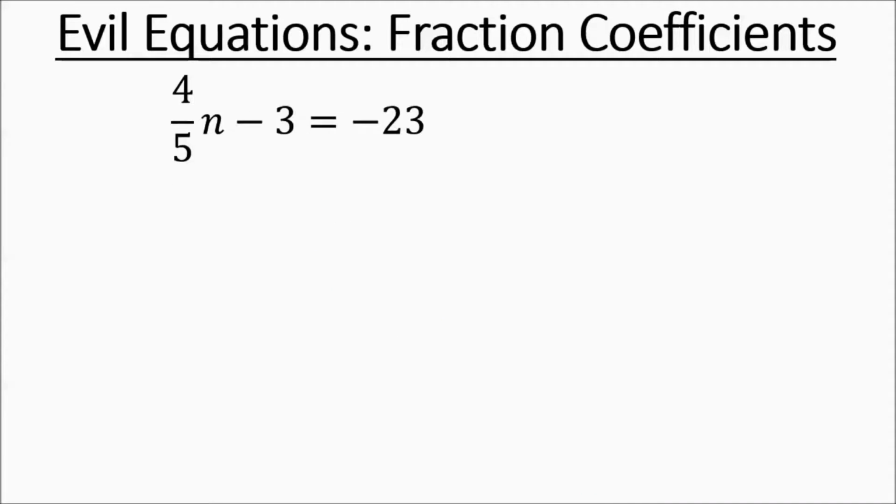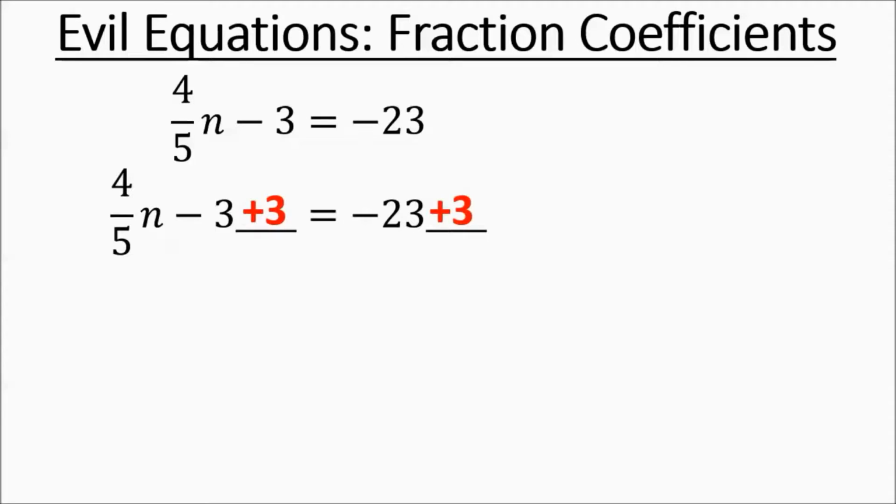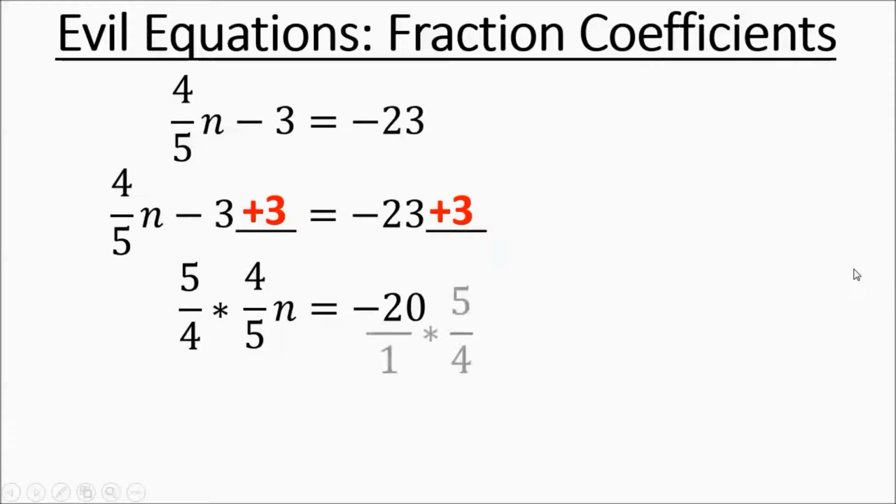Here's another one. If you want, pause it, try working it out on your own, see what you come up with. We're going to add 3 to both sides. You get negative 23 and 3 becoming negative 20. Then you multiply both sides by the reciprocal of the coefficient. That turns into a 1.